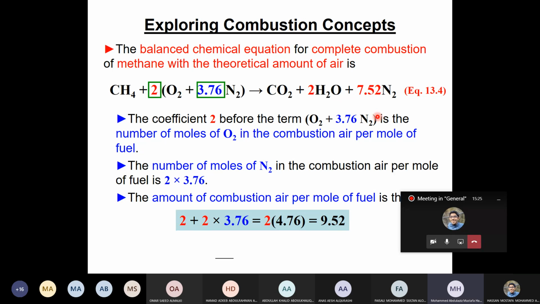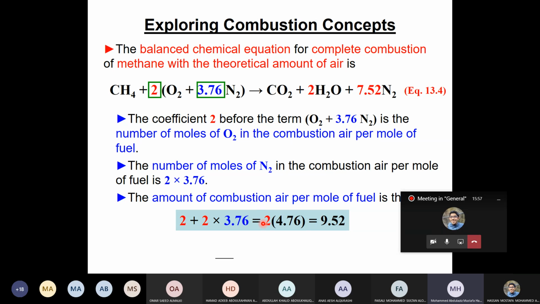Now what is the amount of air? We will look at this when we come to the air to fuel ratio. This is the air required to complete the combustion. I have 2 moles of oxygen plus 2 moles of nitrogen multiplied by 3.76. For air, it is 1 mole of oxygen and 3.76 moles of nitrogen, which means that for air it is 4.76.